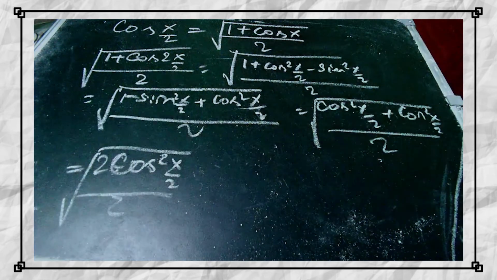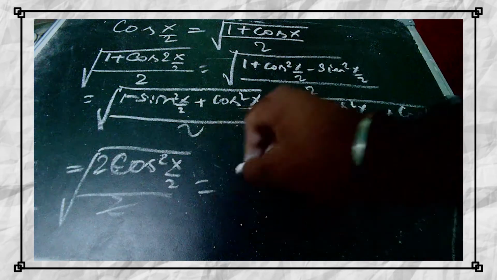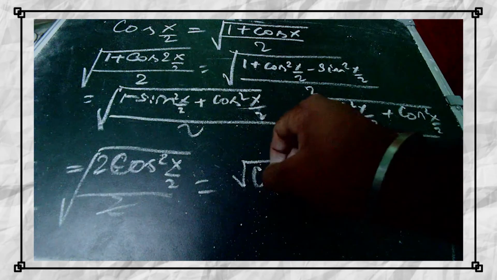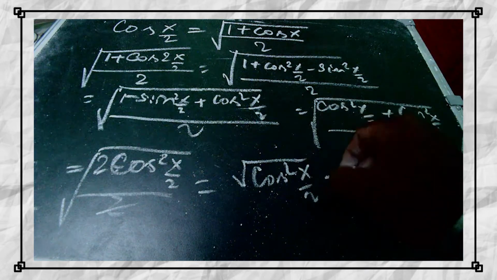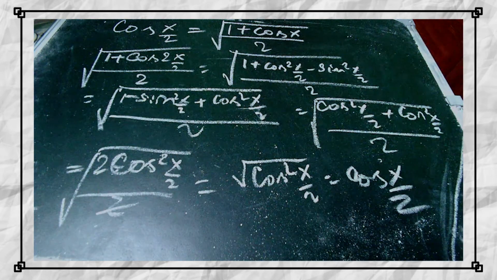In the numerator there is 2 and in the denominator there is 2, so 2 gets cancelled and it will be root under cos square x by 2. So it becomes cos of x by 2. So this was the derivation of the formula cos of x by 2 is equal to root under (1 plus cos x) whole divided by 2.